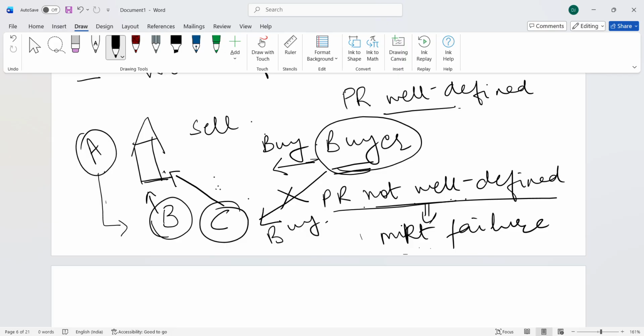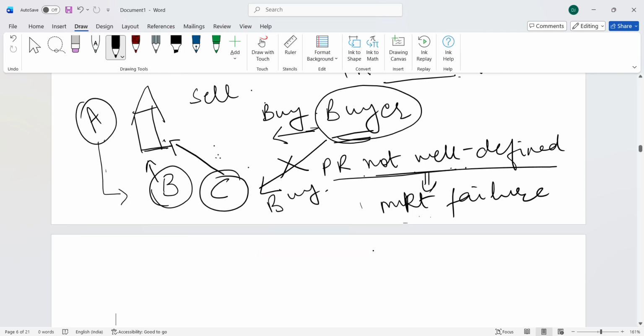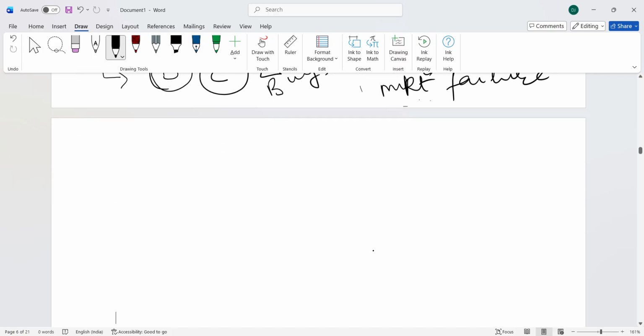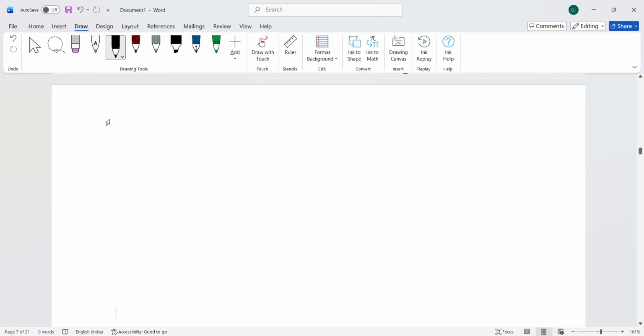That is why I was stressing the point that property rights, which are well defined and well protected, are a crucial part, especially of a market economy where everything is attained with the help of prices. All right.